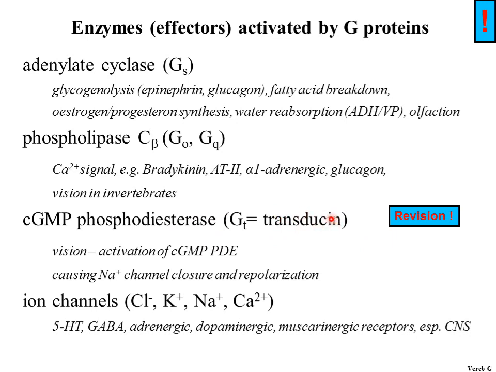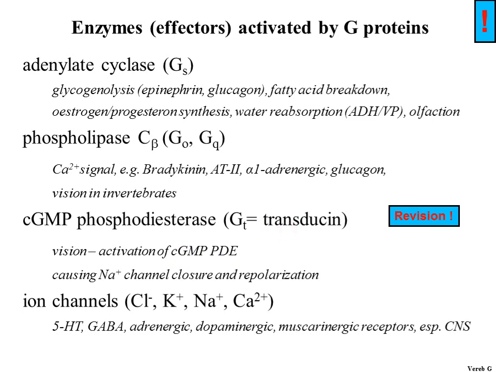So you would need to revise your biophysics knowledge of how vision and the activity of rods and cones is regulated through the transducin protein, but I'm going to summarize it in the next slide for revision.